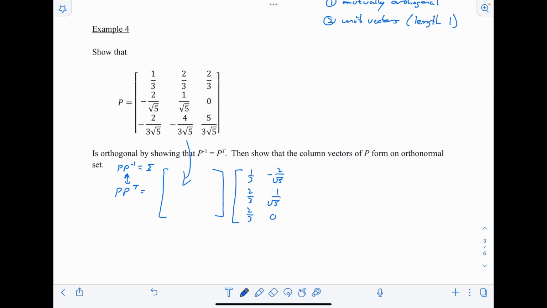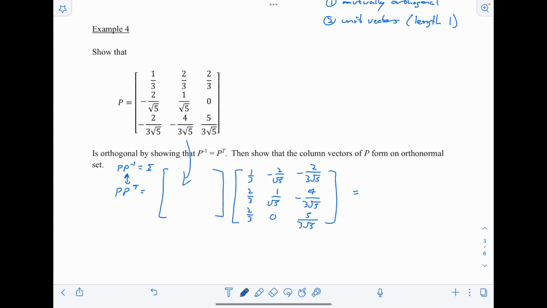And row 3 becomes column 3: negative 4 over 3 root 5 and 5 over 3 root 5. Now, again, if you want to do this on a calculator, plug it in there, that's fine. If you want to do it by hand, either way.